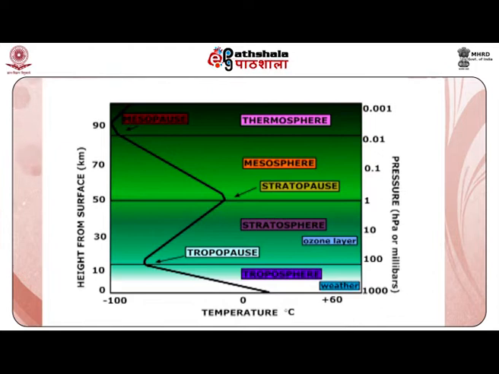Beyond that, in the stratosphere, the slope of the temperature altitude curve becomes positive. That is, there is an increase of temperature with altitude. At the topmost layer of the stratosphere, which is around 50 kilometers from the surface of the earth, as we already said, the temperature becomes -2 degrees Celsius.